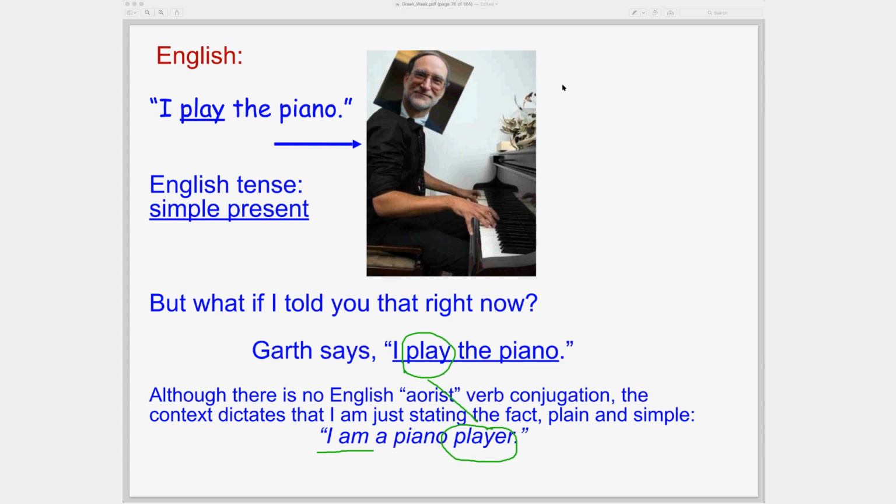Yes, but I could make the same statement while playing the piano. In other words, if I left this computer, went into the other room, and started playing, okay, so just pretend I'm playing the piano, sitting just like that picture, and I'm playing How Great Thou Art, or some other song that's your favorite song.